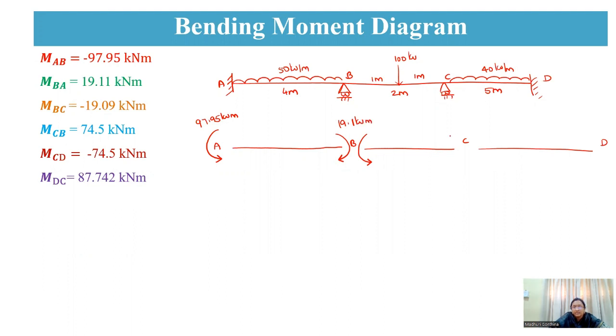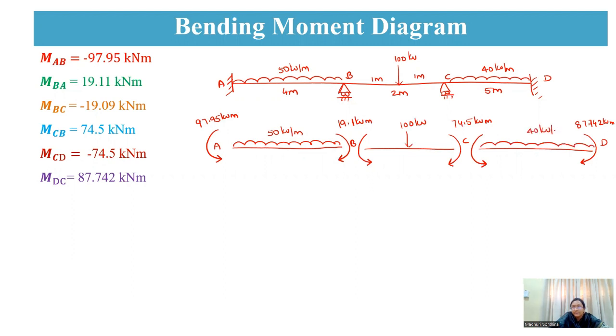CB is positive, that means clockwise, and CD is negative, that means anti-clockwise, that is 74.5 kilonewton meter. Similarly, MDC is positive, so it is clockwise, of 87.742 kilonewton meter. These are the end moments that we got, and this is the external load I'm drawing.